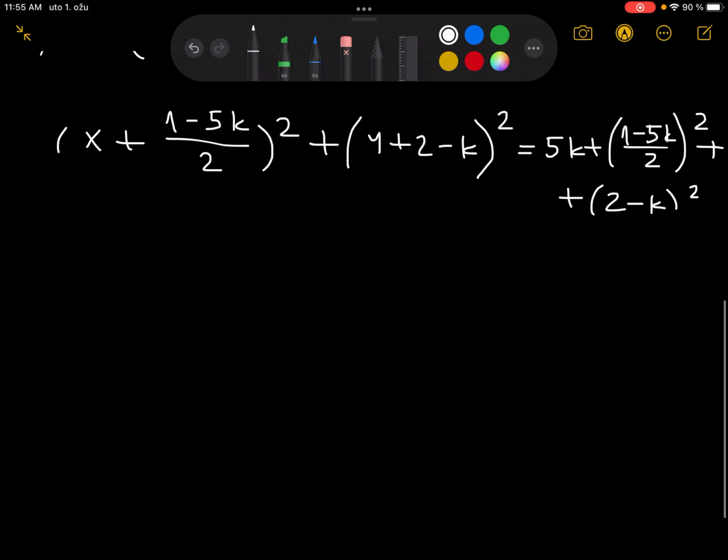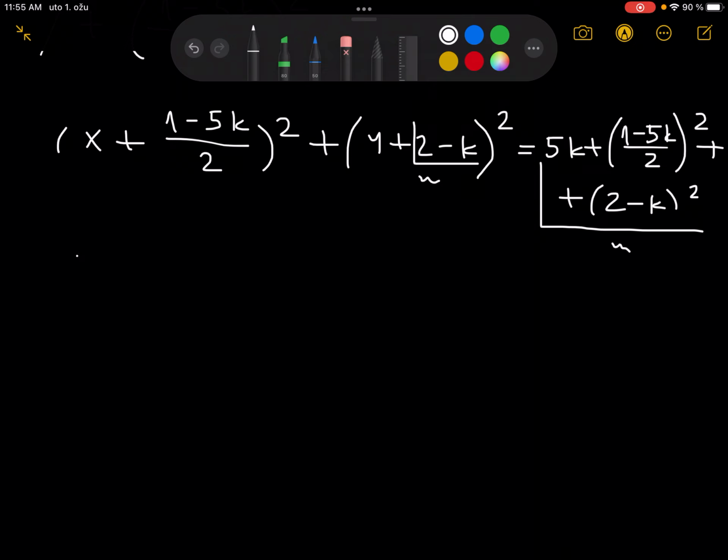So this part right here must be equal to r, and this part right here must be equal to r squared.